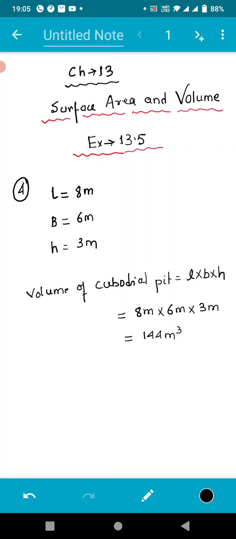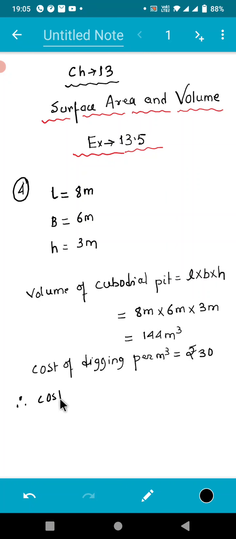Now, as given in the question, cost of digging per meter cube is equals to rupees 30 given. So now this is the volume that was digged. So we have to find out the cost of this much volume.